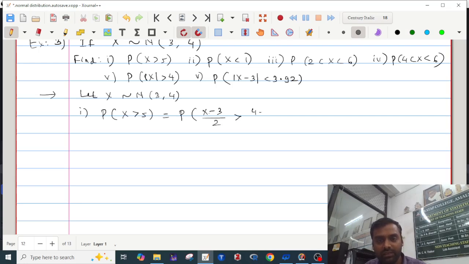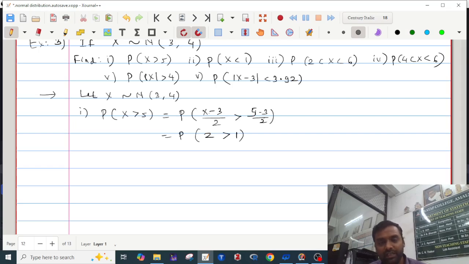So probability of z greater than 5 minus 3 upon 2. 5 minus 3 is 2, 2 upon 2 is 1.